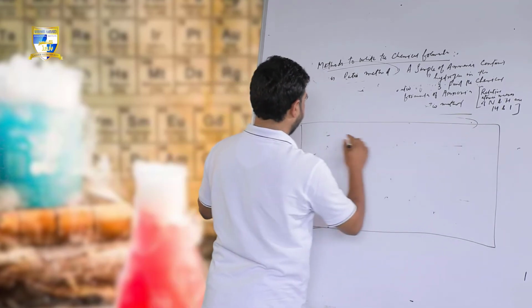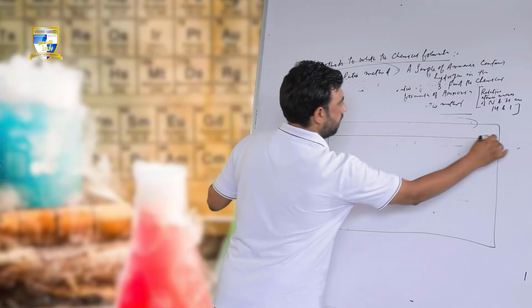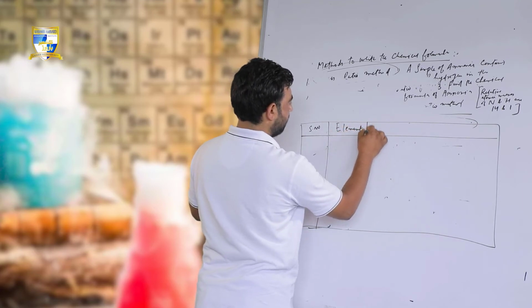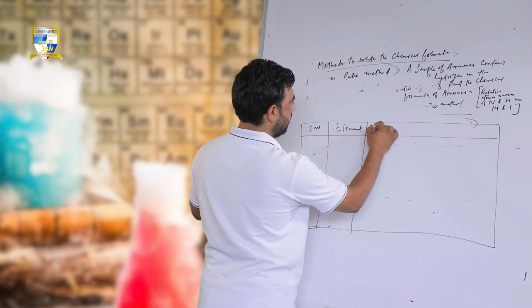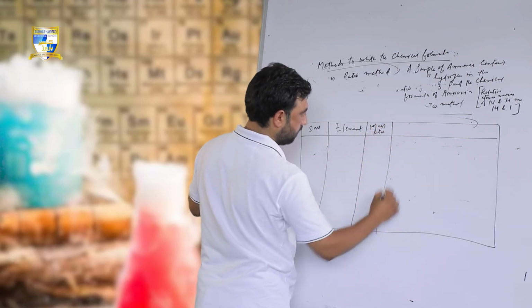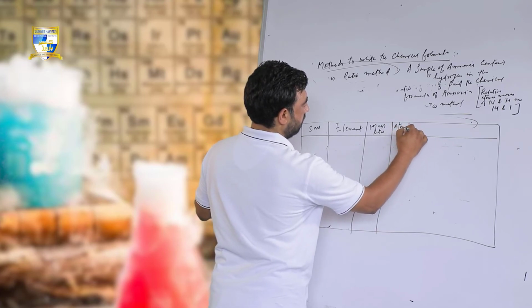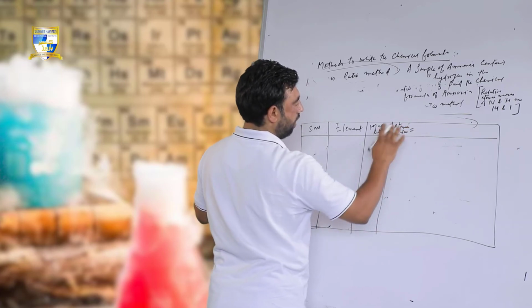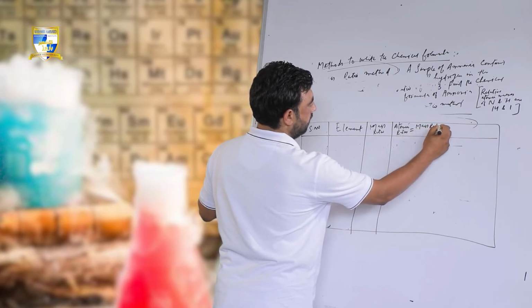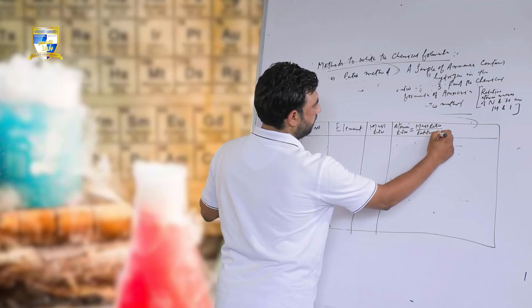Now see, first is element, then mass ratio, then atomic ratio. You know how to find out atomic ratio? It is mass ratio by relative atomic mass.